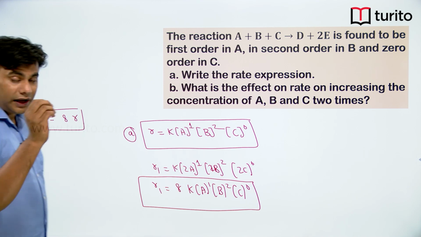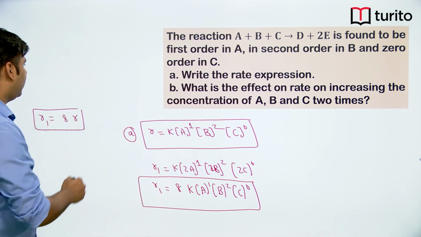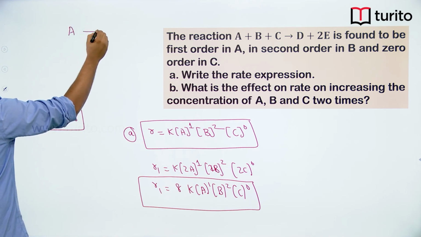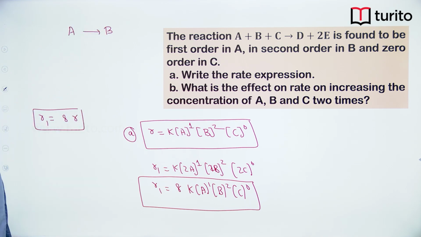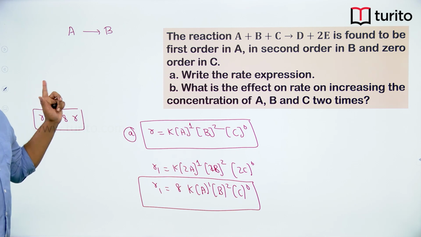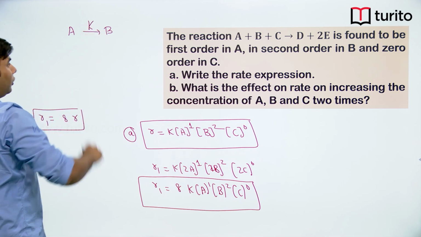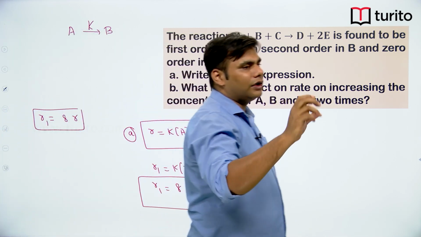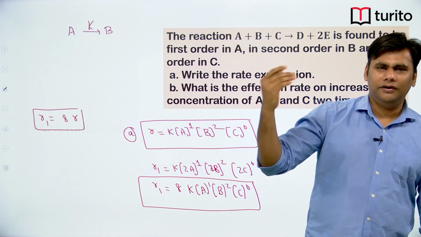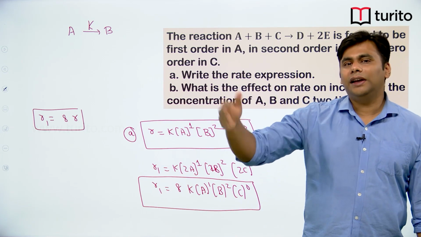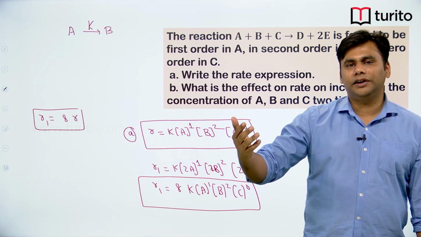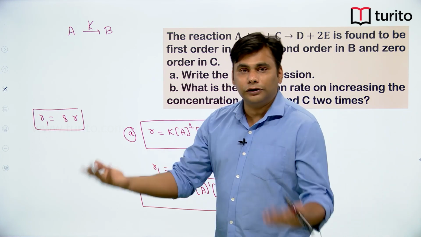So this is what I meant to say when we started order. Now suppose how do we calculate the order of this reaction? Suppose we took some concentration and we carried out the reaction. Now we doubled the concentration. On doubling the concentration, it was observed that rate also doubled.